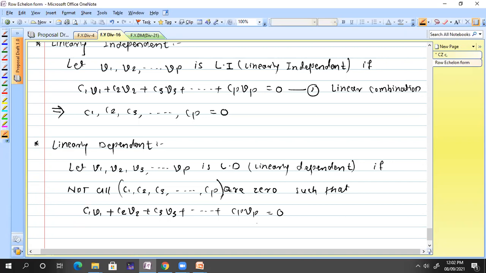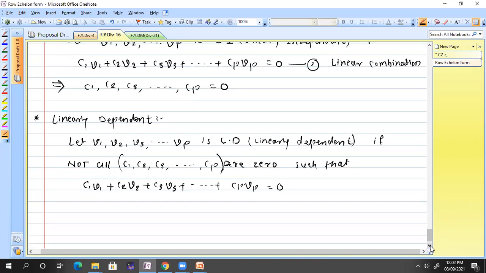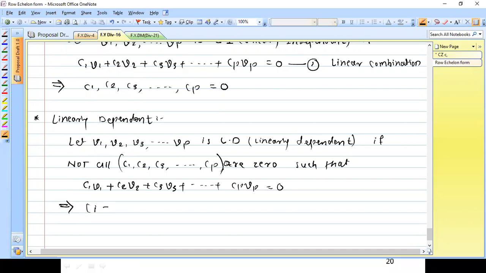So for linearly dependent, I assume that at least one is not equal to zero. Suppose my Ci is not equal to zero.